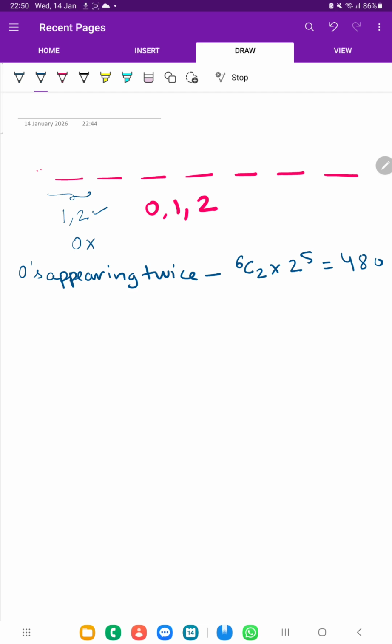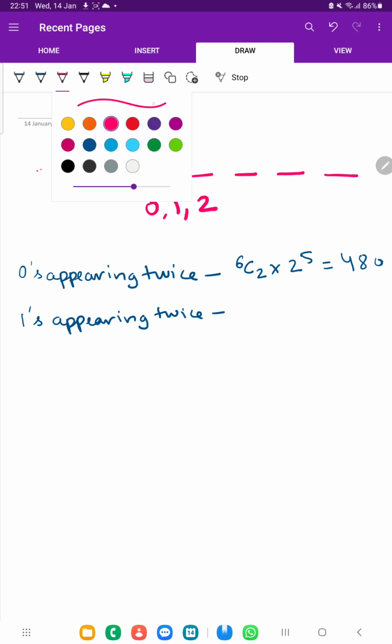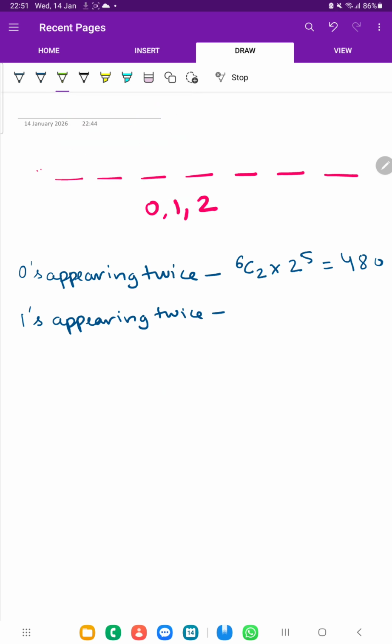So now we will be calculating the numbers in which 1 is appearing twice. There will be two parts.